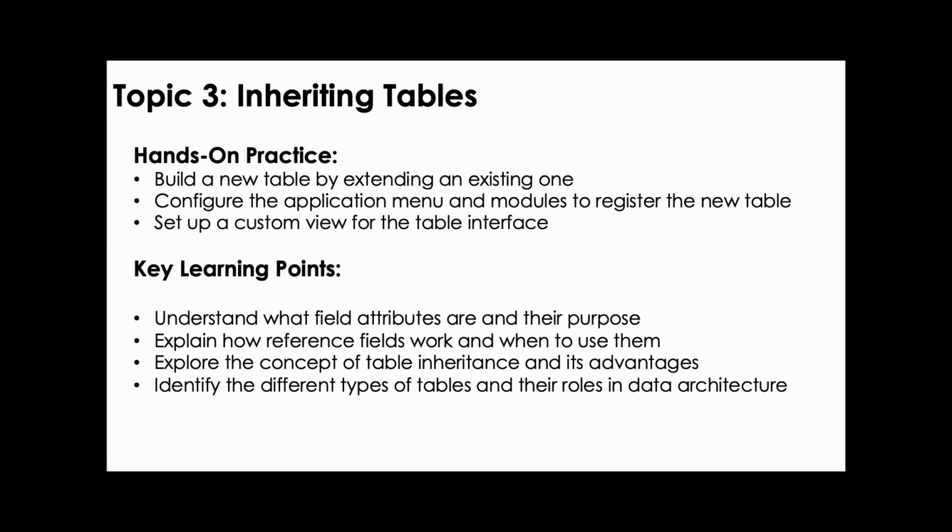This is now module 4 of our lesson, and you'll learn how to create, how to see the view, and also find out about the attributes. What are the field attributes, and what are they used for?